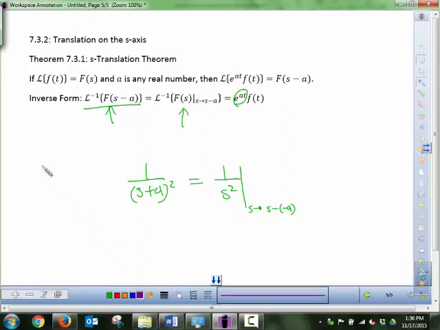And I know that the Laplace transform of t is equal to 1 over S squared. Is it?